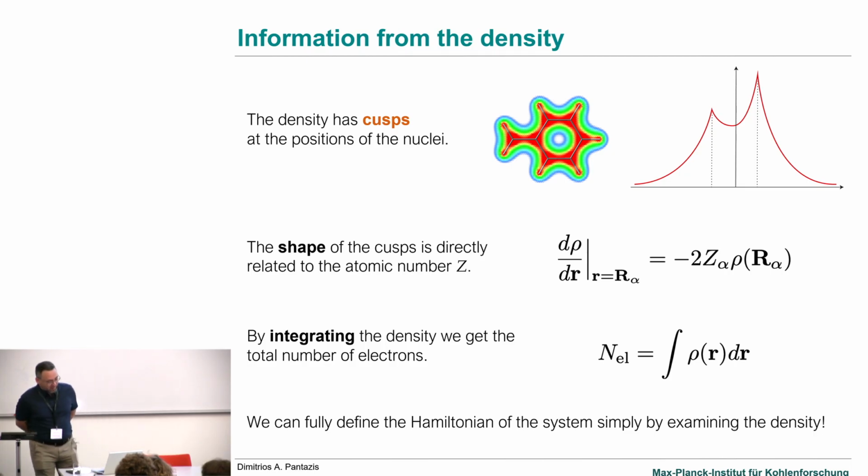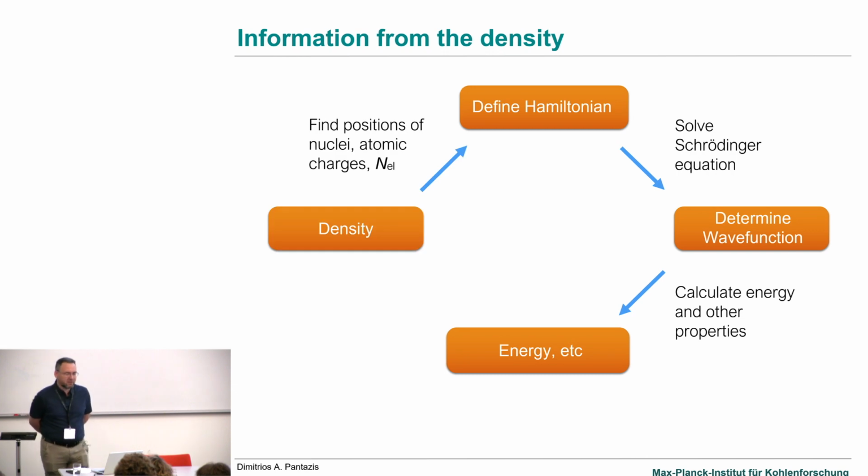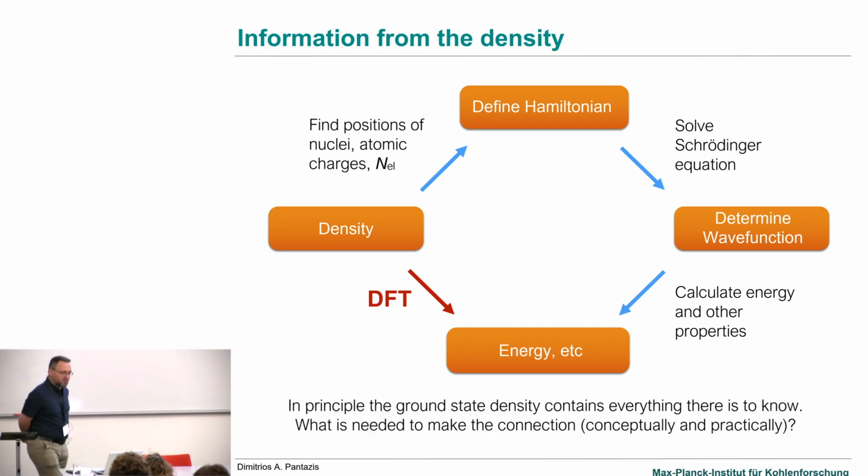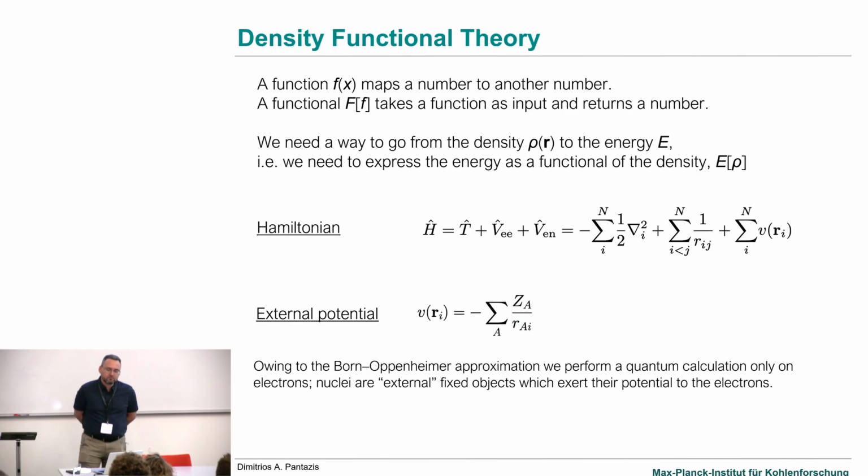And you can actually fully determine the Hamiltonian of the system by examining the density, but you don't actually need to do that, because from the density you can directly get whatever you need in terms of energy and other observables, and that's what density functional theory is all about.